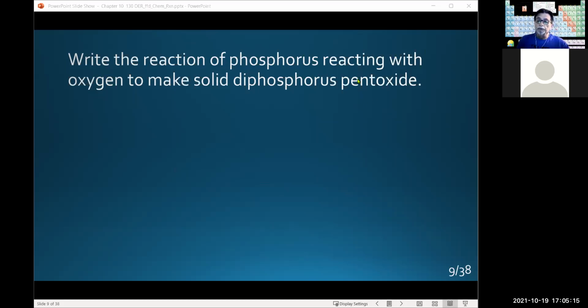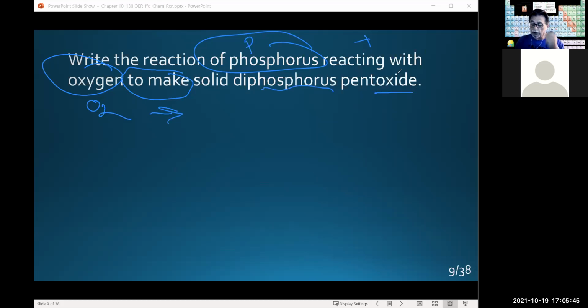It sounds like a covalent compound, right? Yes, it does. So we got the reaction of phosphorus reacting with, to me that's a plus, with oxygen. Oxygen's diatomic, okay? Phosphorus is P. To make, here's another variation of the word react with, but to make, to me, is the arrow. And then we got diphosphorus pentoxide.